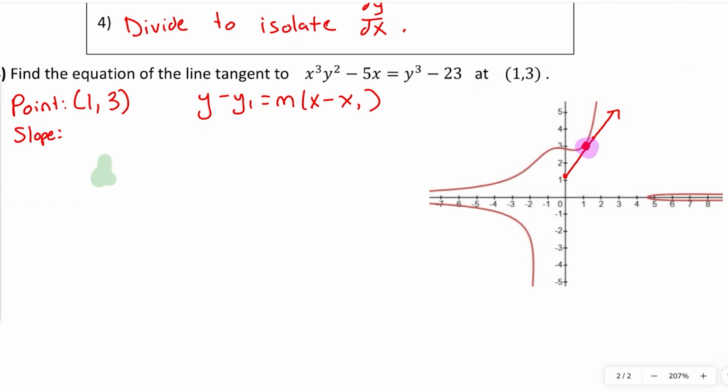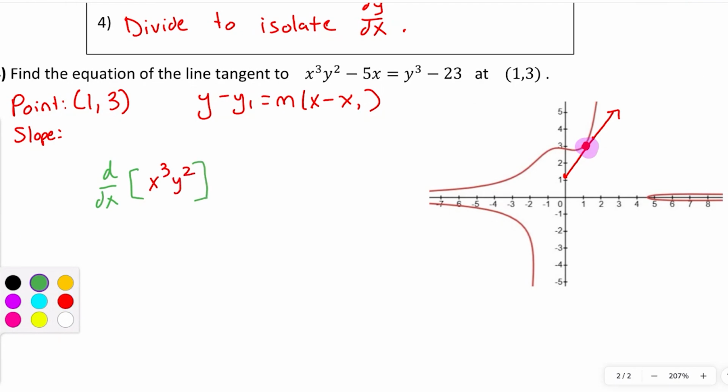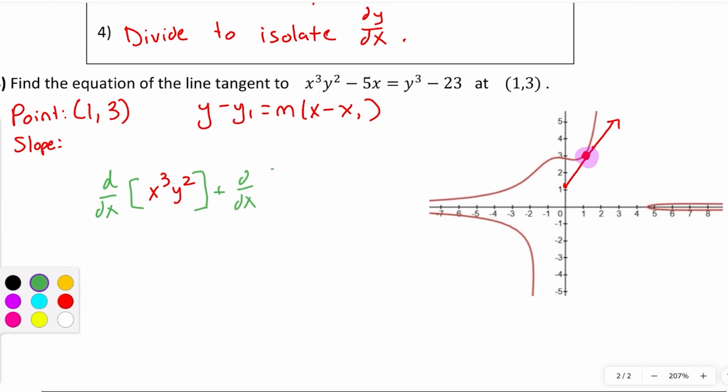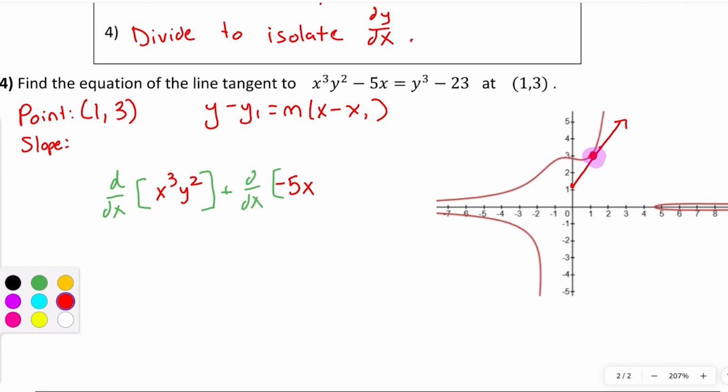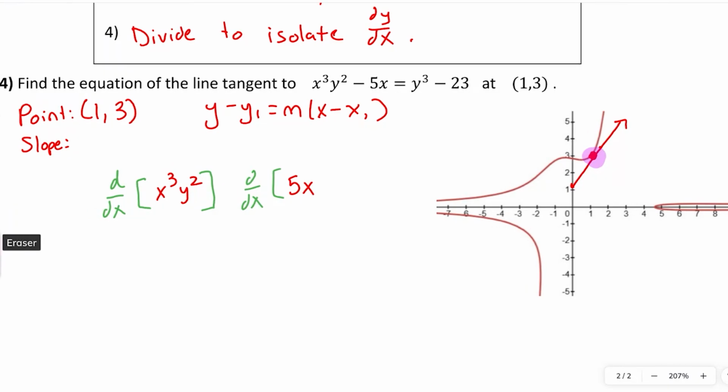So d/dx of x cubed y squared. So we're going to have to use product rule and chain rule. Plus d/dx of negative 5x, or I guess I could just say minus, might be an easier way to do that.